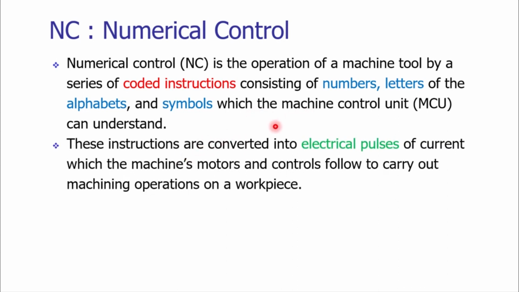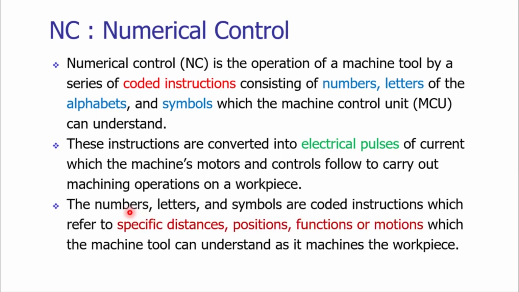These instructions will be converted into electrical pulses by the machine control unit, and those electrical pulses of current operate the motors, and they control the various machining or processing operations.